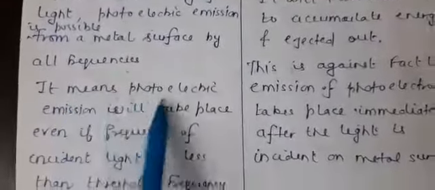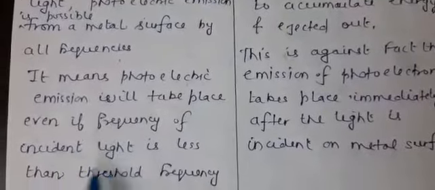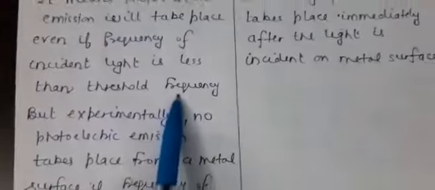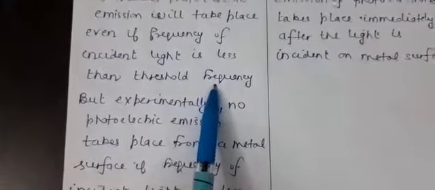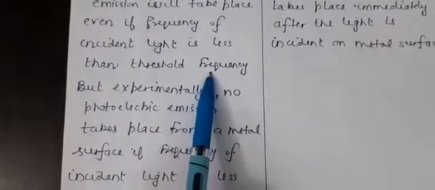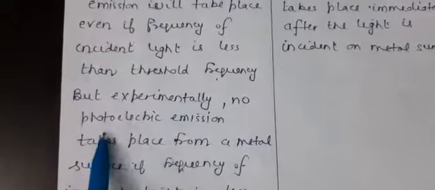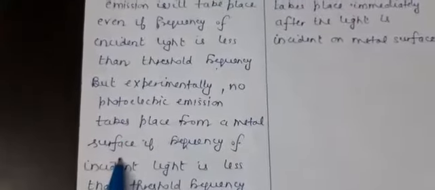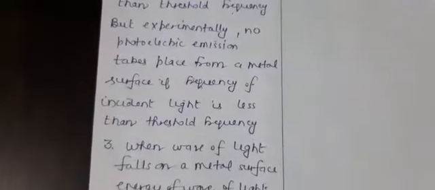It means photoelectric emission will take place even if frequency of incident light is less than threshold frequency. यानी अगर जितनी minimum frequency surface से इलेक्ट्रॉन को निकालने के लिए चाहिए, अगर उससे कम भी एनर्जी दे रहे हैं तो इलेक्ट्रॉन निकल आएगा, वो सरफेस से डिटैच हो जाएगा. But experimentally no photoelectric emission will take place from a metal surface if frequency of incident light is less than threshold frequency.